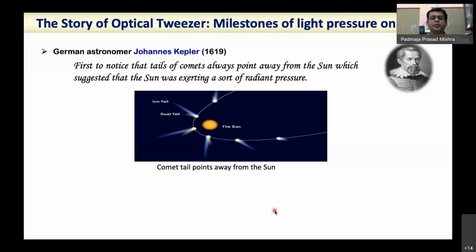Kepler suggested in 1619 that the tails point away because the sun is putting some kind of radiation pressure, which is responsible for keeping the tails away from the sun.